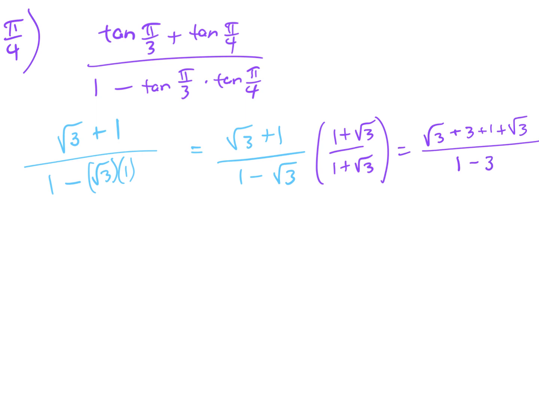Okay, and now we've got to clean things up. We need to find what's in common that we can add together. So I'm going to color code here for you. So we get 4 plus 2 root 3 all over negative 2.